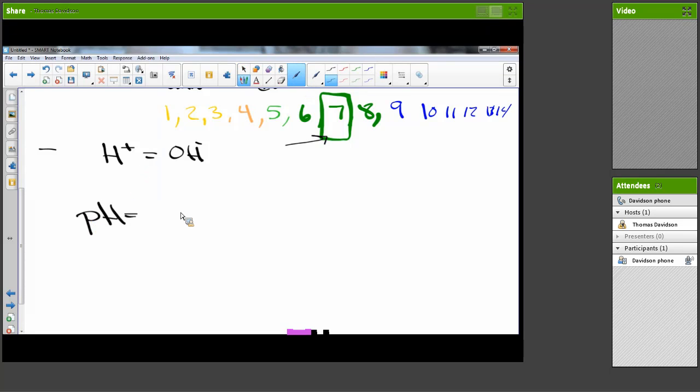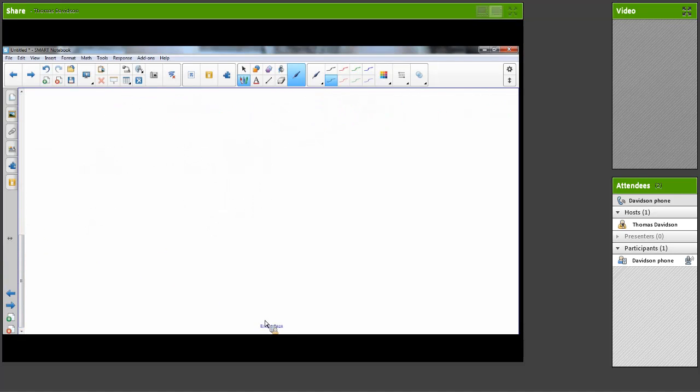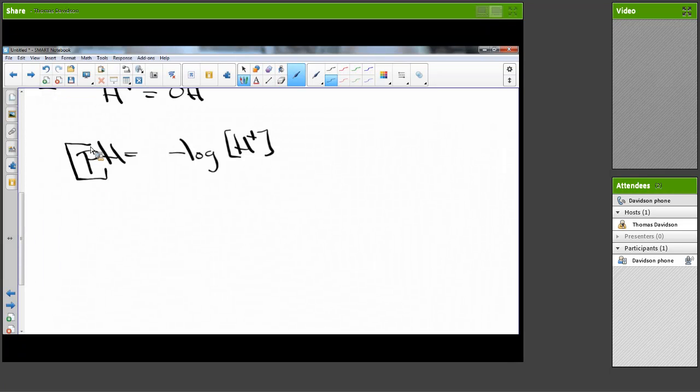pH stands for the negative log of the H+ concentration. It's not that bad. In chemistry, I think in every science, P means power, but it really means negative log.